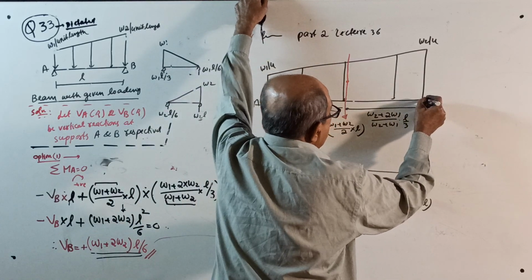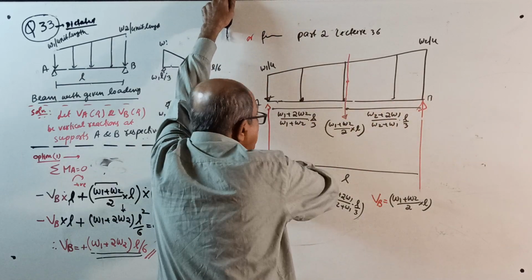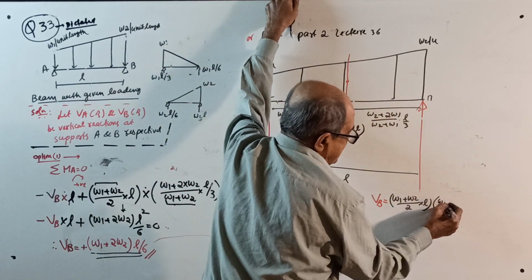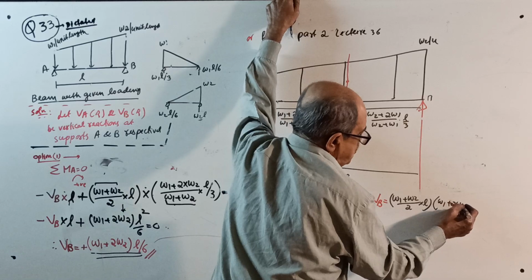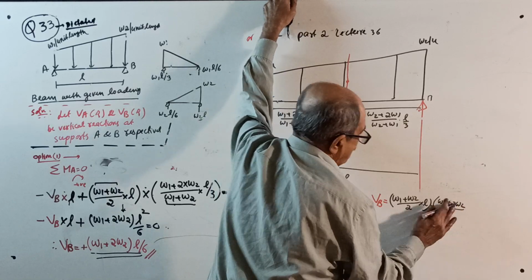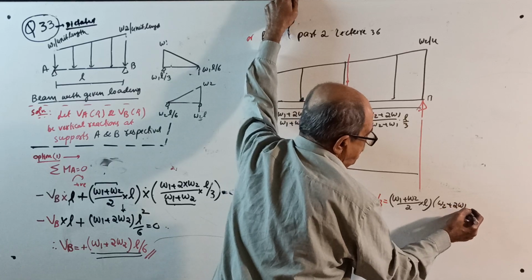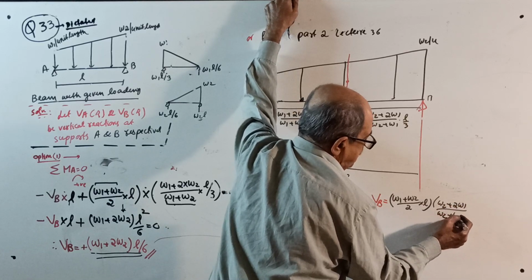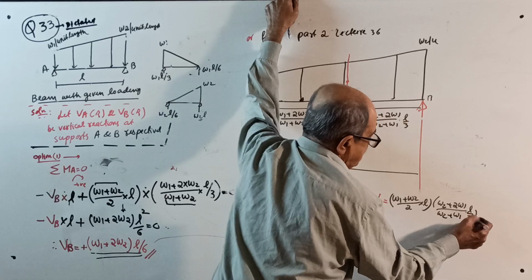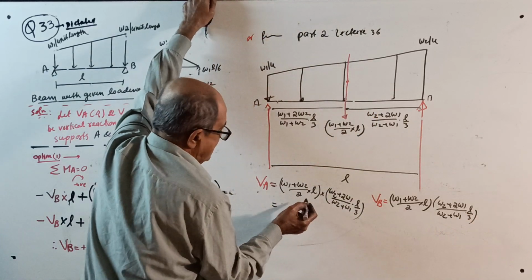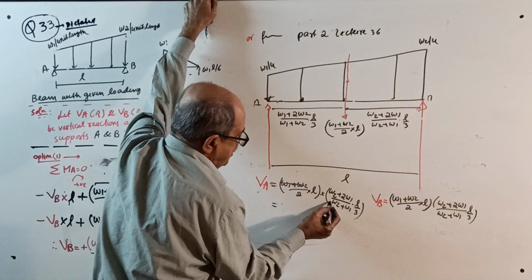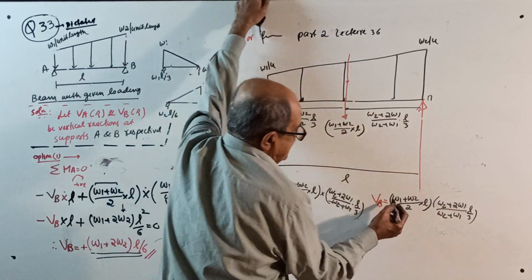If you want this reaction, total load into other distance, that is W1 plus 2W2, or see here, (W2 plus 2W1) divided by (W2 plus W1) into L by 3, or see here, W1 plus W2, W2 plus W1 cancels.